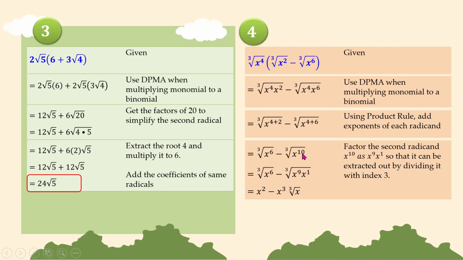Ang x exponent 10 gibungkag as x exponent 9 times x exponent 1 because 9 is divisible with index 3. So 9 divided by 3 is 3. Muna x cubed. Then 6 divided by 3 is 2. Muna x square gawas minus x cubed sa gawas. Then ang nabilin sa kadahong radical is x exponent 1 over 3, or simply cube root of x.